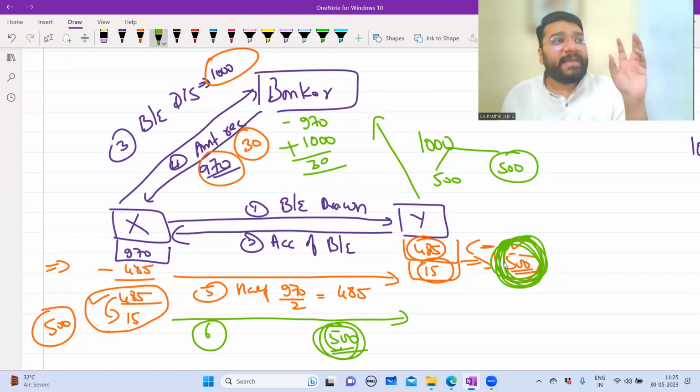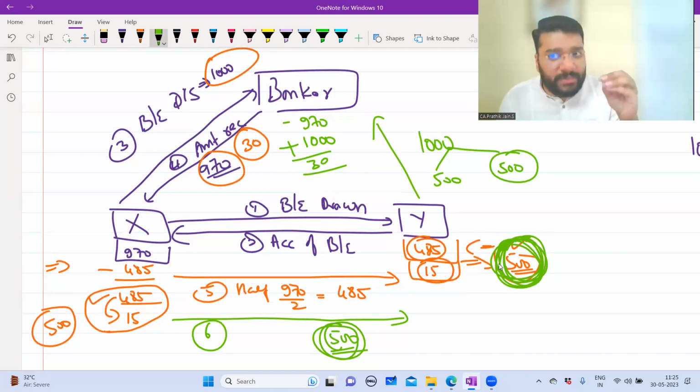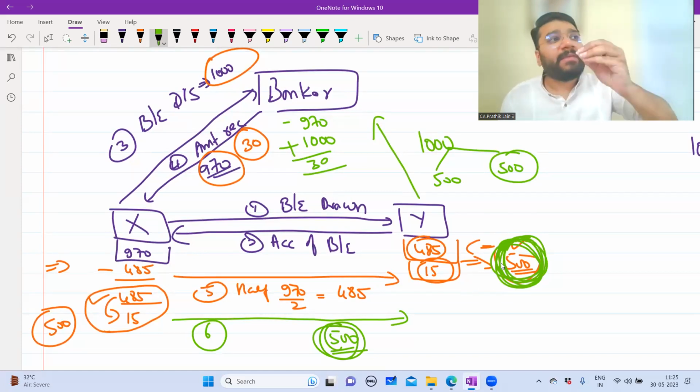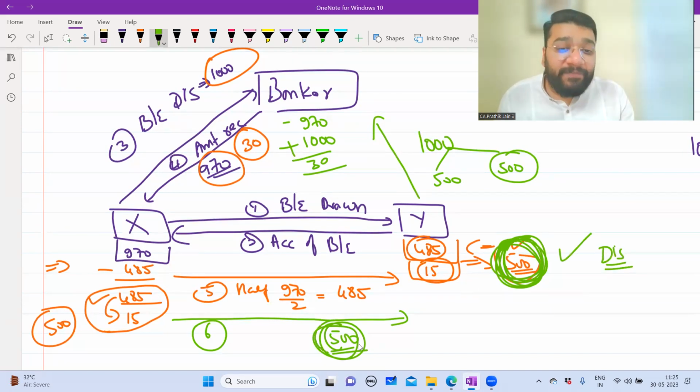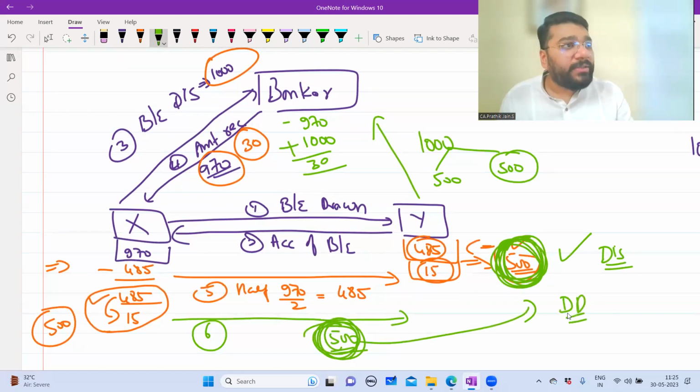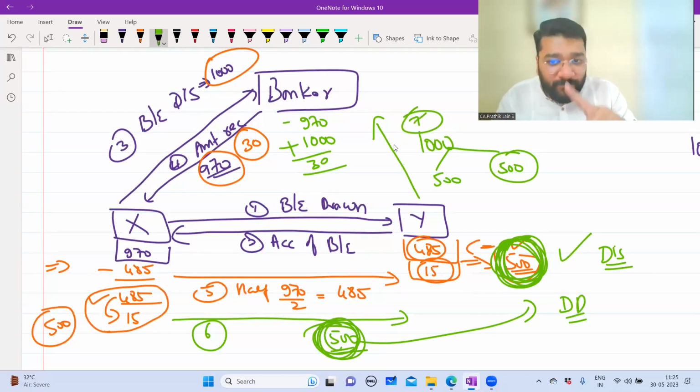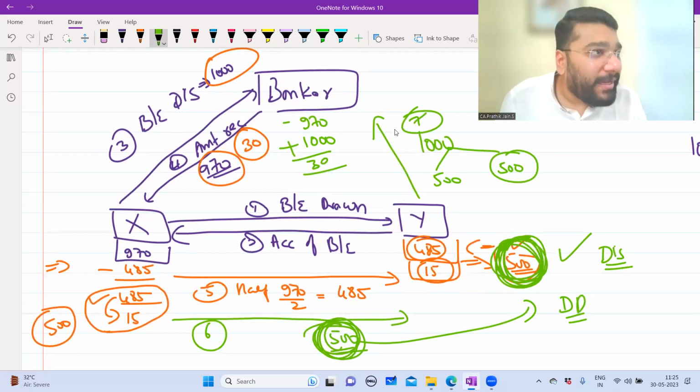Of course, 15 rupees of expenditure is gone, but 500 is the money belonging to him. So 500 rupees he already received at the discounting of the bill. A further 500 he received on the due date or maturity date. So how much money does Y have now? 1000 rupees. So the seventh transaction is that Y will hand over this 1000 rupees to the banker and the game is over.